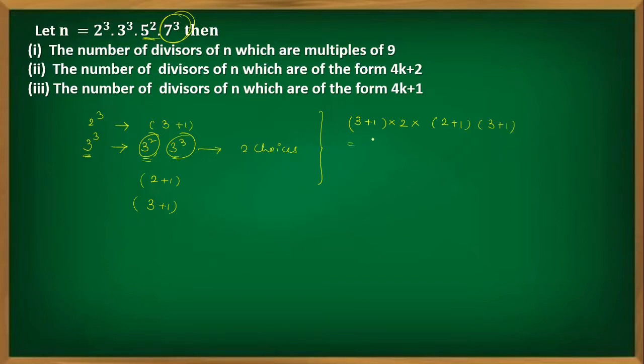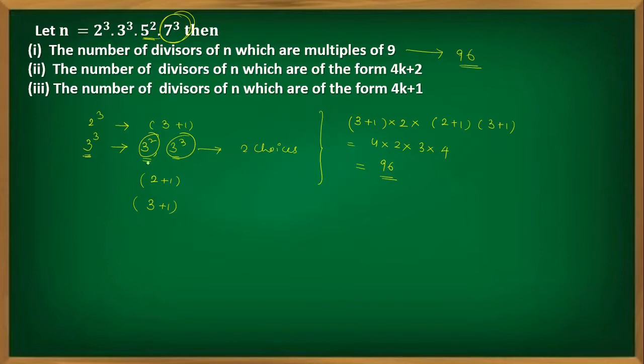So 3 plus 1 is 4, into 2, into 2 plus 1 is 3, into 3 plus 1 is 4. So 4 times 2 is 8, 8 times 3 is 24, and 24 times 4 is 96. Therefore, the number of divisors of n which are multiples of 9 is 96.